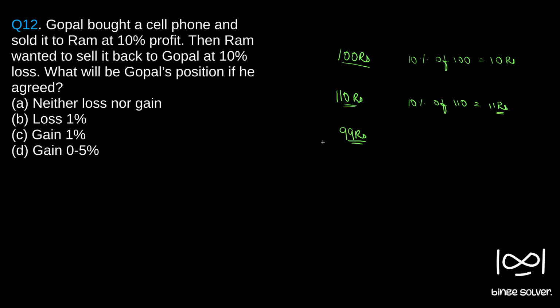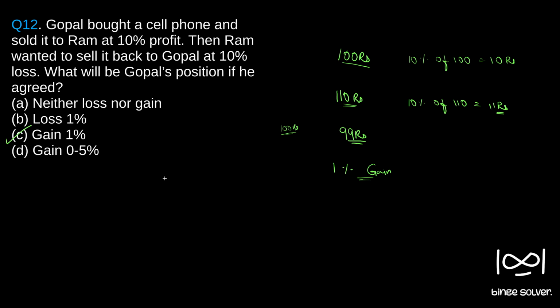So as you can see, its original cost is 100 rupees and there is a 1 rupee difference. Gopal got it for 1 rupee less. So that means 1% gain. So this is how we get 1% gain. So the solution is C, gain 1%.